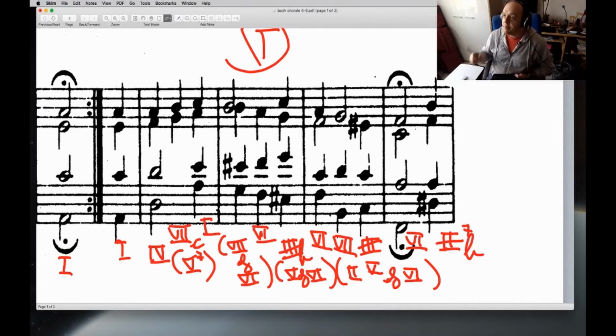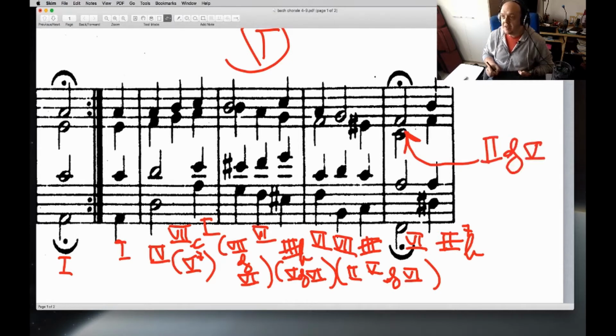That's at the beginning of the new phrase. As soon as I play the chord, this F sharp minor, which I have just played and held a little bit because it's at the end of the previous phrase, that F sharp minor sounds retrospectively as 2 of 5.